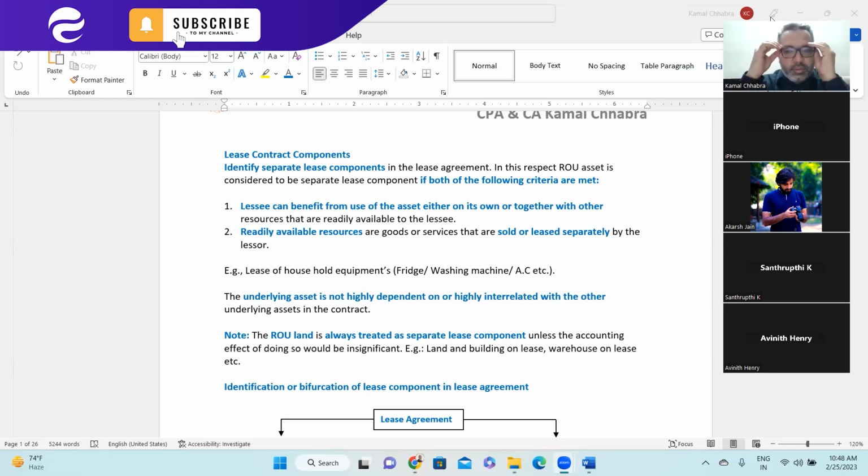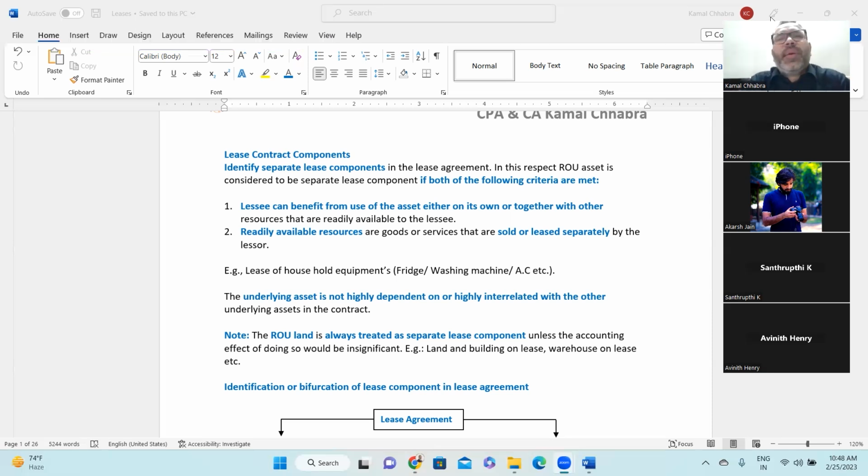If, for example, your company has taken office space on lease, let's assume from DLF, DLF might enter into a bundle deal with your office in which they are providing land and building, plumbing services, firefighting service, office maintenance service, cleaning services, and some common areas, everything.